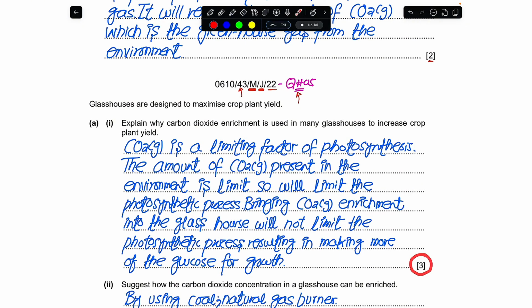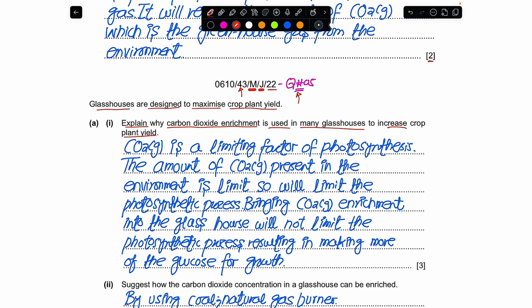Against 3 marks, what the examiner has asked is that glass houses are designed to maximize crop planting, and this is a kind of isolated environment where the plants are grown to maximize their yield. What they intend to ask is to explain why carbon dioxide enrichment is used in many glass houses to increase the crop plant yield.